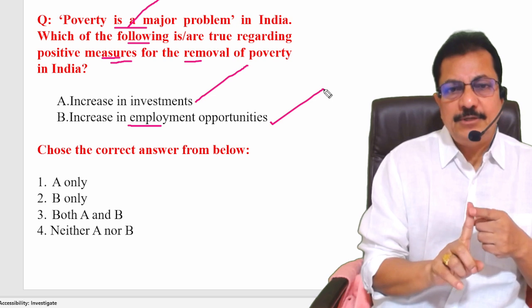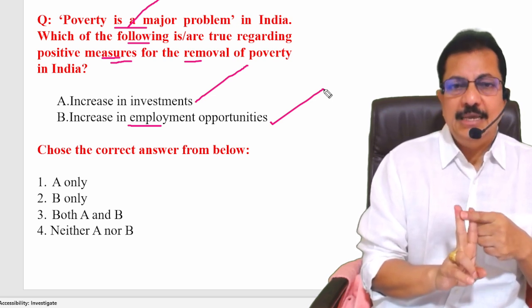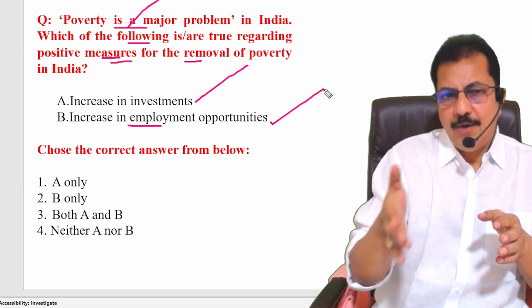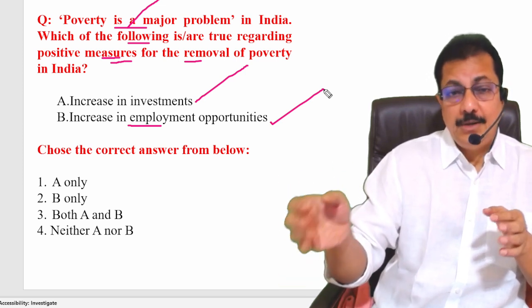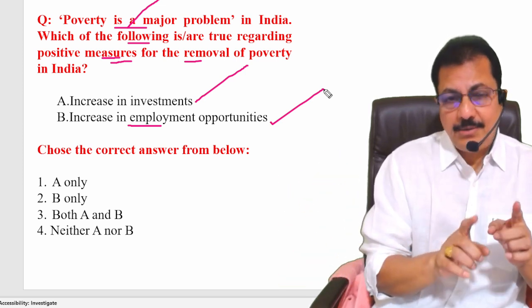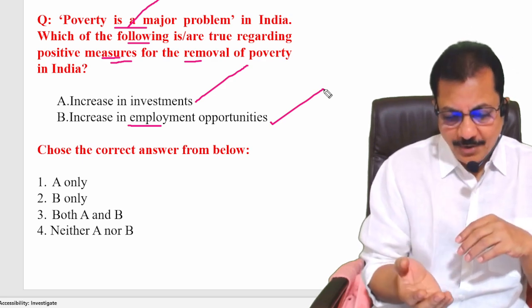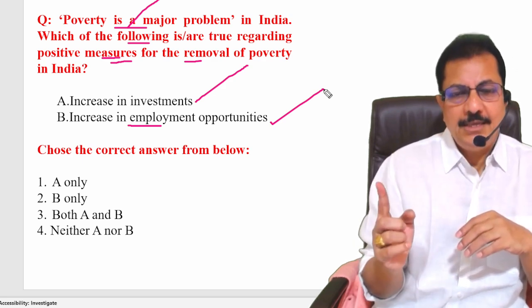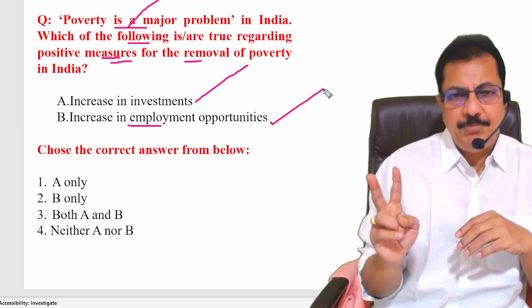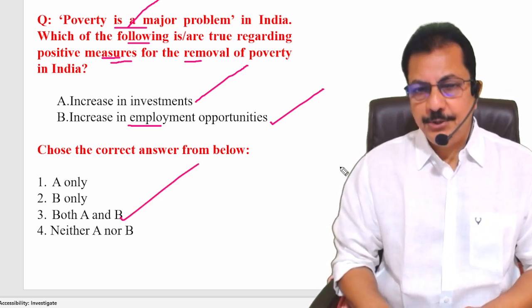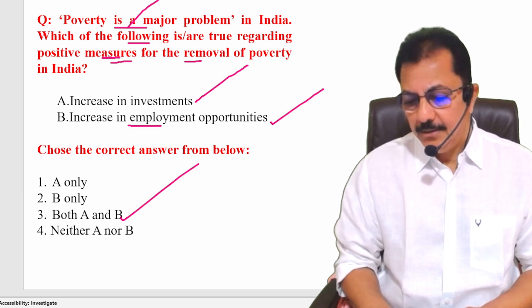One is with the investments. Second one is by increasing the employment opportunities. You can remove poverty from India. Till the time, poverty will be a major problem in India. So what should be our answer here? Both A and B, both the statements are right. So our answer should be obviously option 3. That's it.